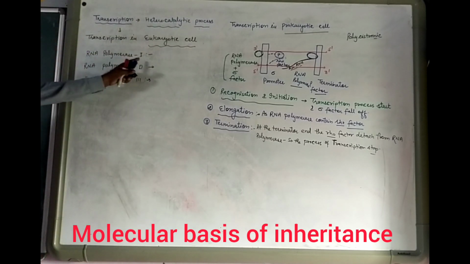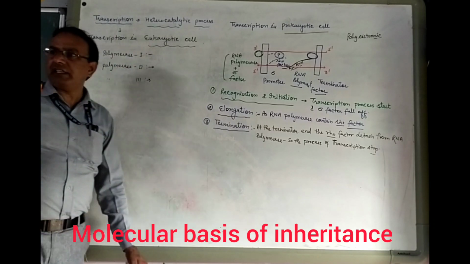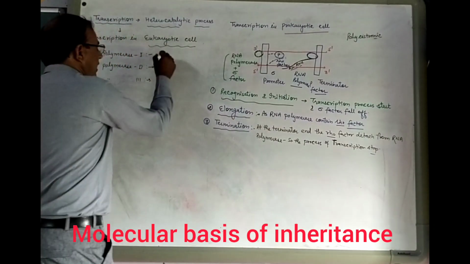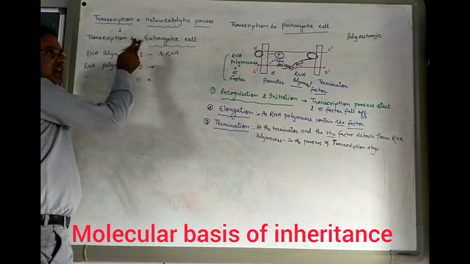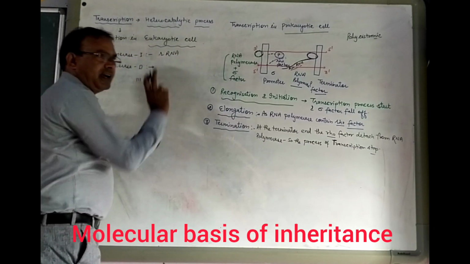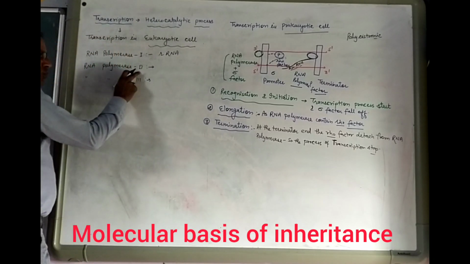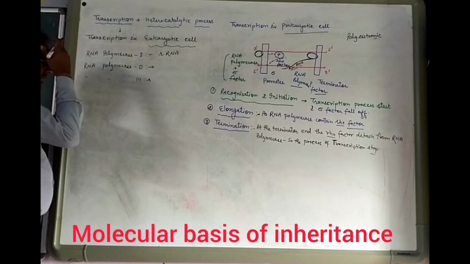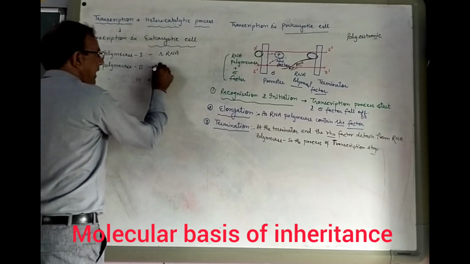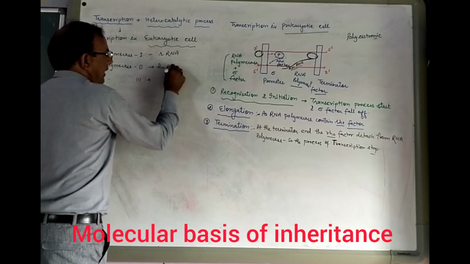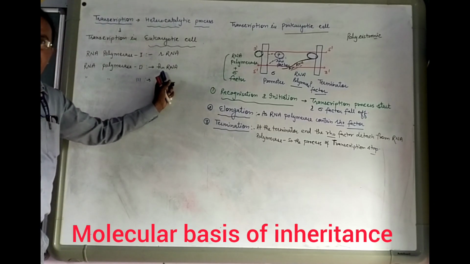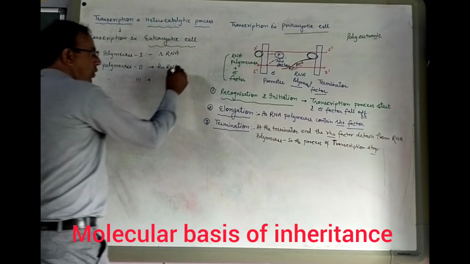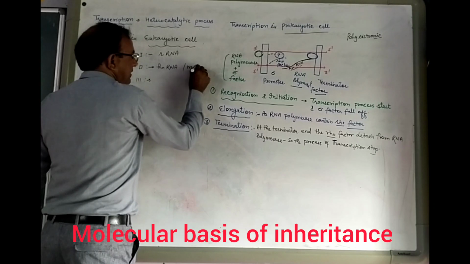RNA polymerase 1 only synthesizes one type of RNA, that is rRNA. It means RNA polymerase 1 transcribes one strand of DNA into rRNA. RNA polymerase 2 transcribes one strand of DNA into hnRNA, heterogeneous nuclear RNA, or mRNA, messenger RNA.